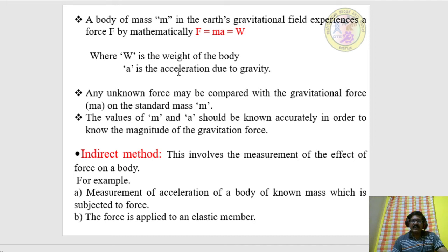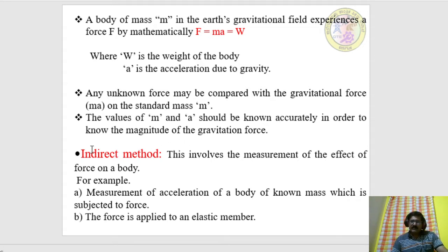A, small a, is the acceleration due to gravity. Any unknown force may be compared with the gravitational force on the standard mass. Then the value of mass and acceleration due to gravity should be known accurately in order to know the magnitude of a gravitational force.